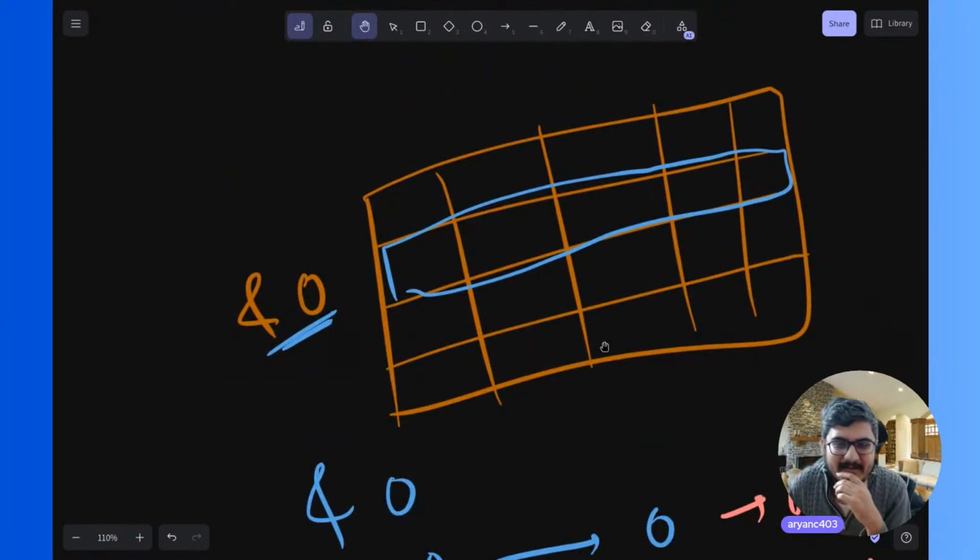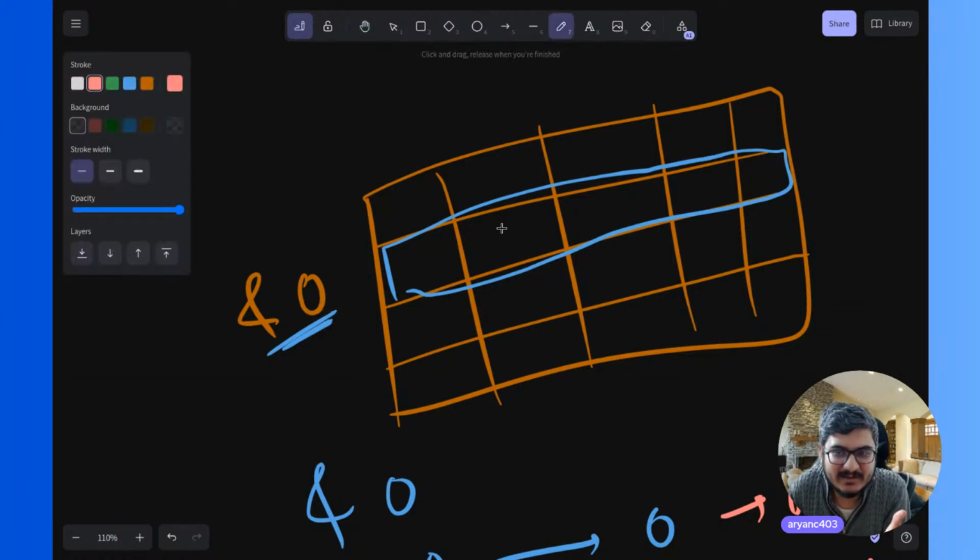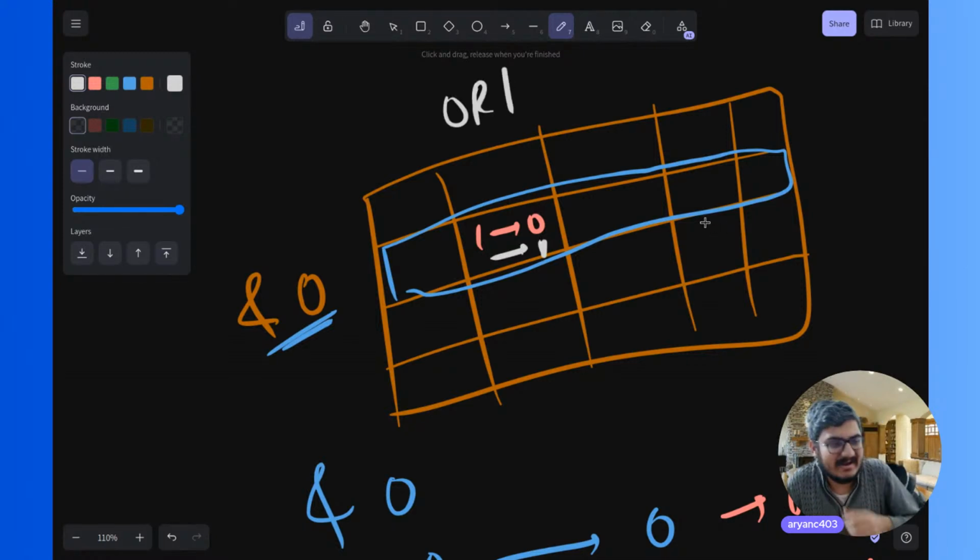So the idea is I first try to find one good row where I can do AND with 0, and if I make any 1 to 0 conversion, I should be able to revert that value to 1 by doing OR on this column. So I try to find one row like this and I do an AND 0 operation here.